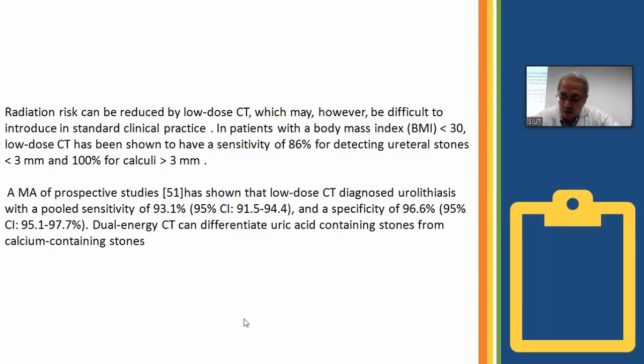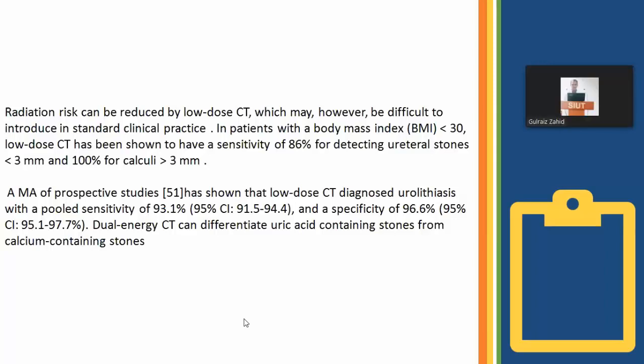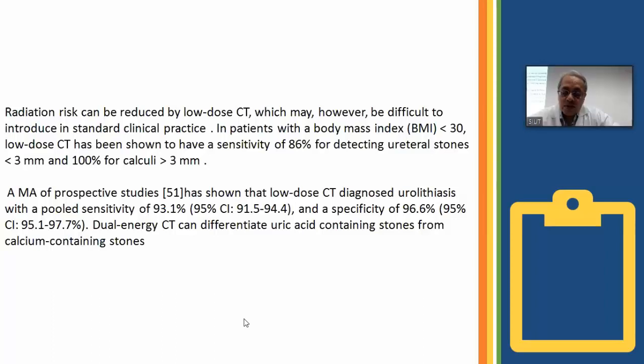So there are a lot of things that can be done tailor-made, meaning whoever is the patient in front of you, you can minimize the radiation dose, and still know whatever you want to know about the question in your mind: whether the stone is present or not, whether it is radiolucent or radio-opaque, what kind of density the stone has, the size of the stone, for instance.